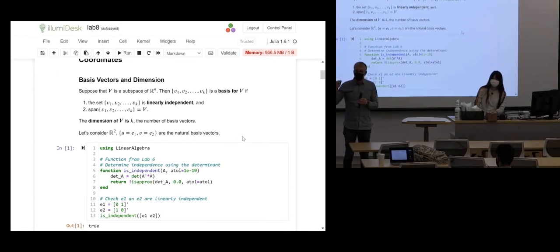So it's just enough to be independent and enough to generate all of the vectors in the set. Because in the plane, I could have just 1 non-zero vector and it would be linearly independent, no problem. But I can't generate all of the vectors in the plane with just 1 vector, I need 2.